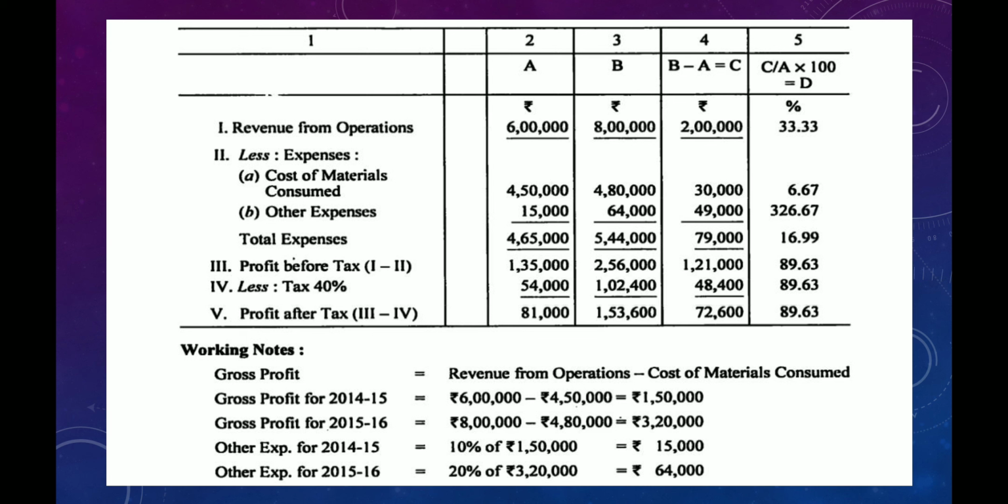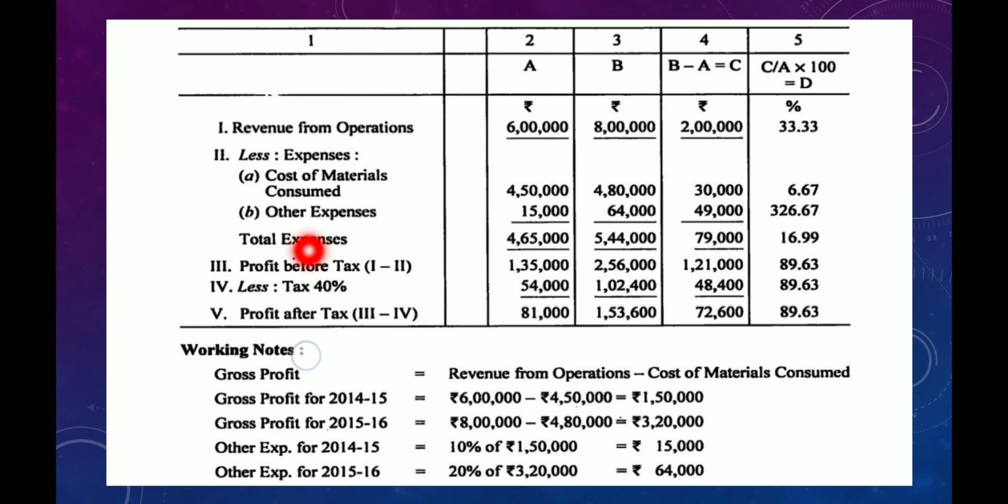So it is other expenses which is placed here. You can easily see here. It is very easy. You have to remember how to find out gross profit, and after that you can easily put them in the format.